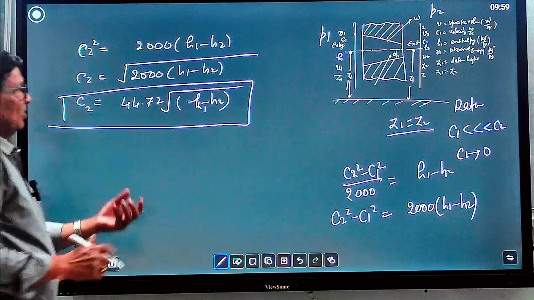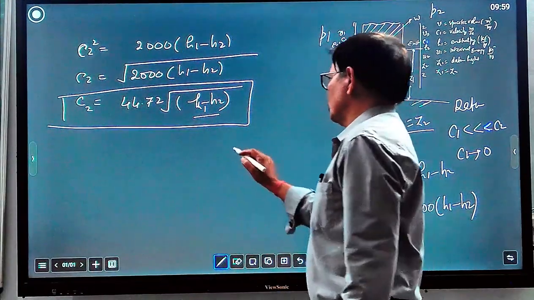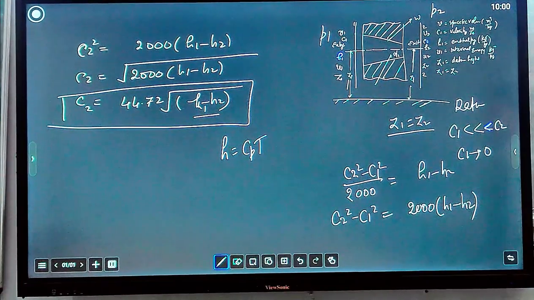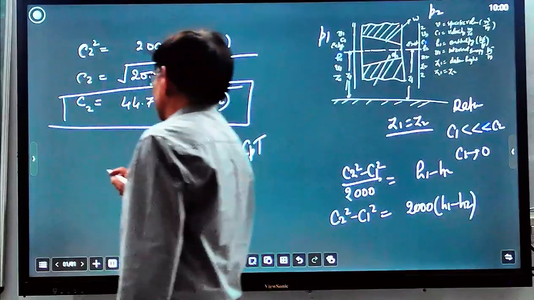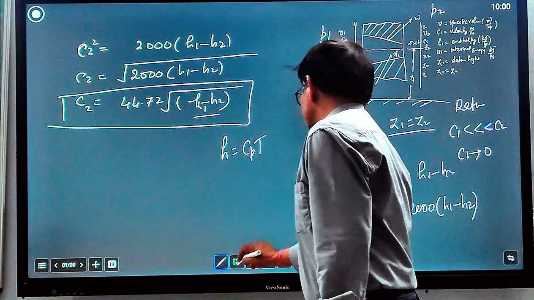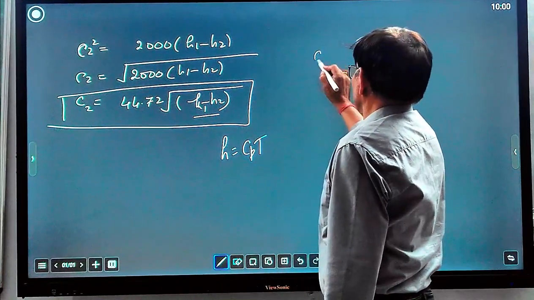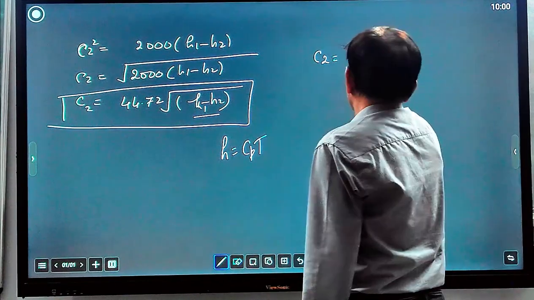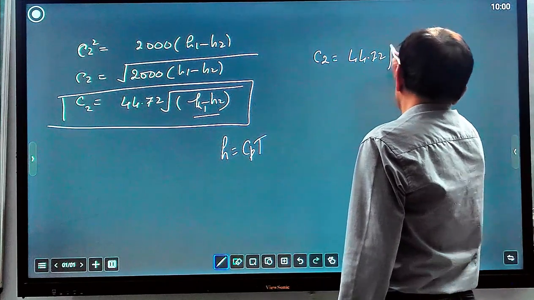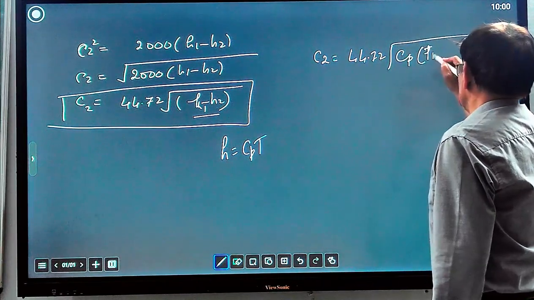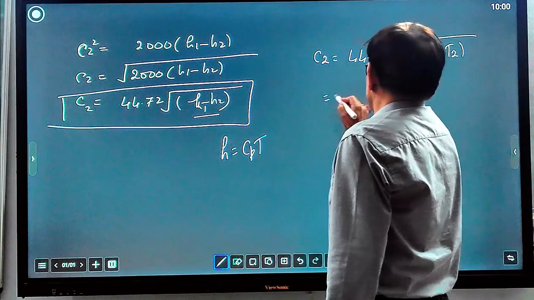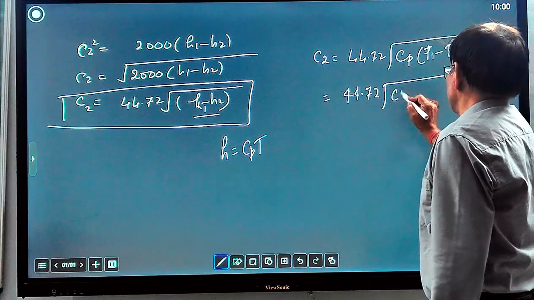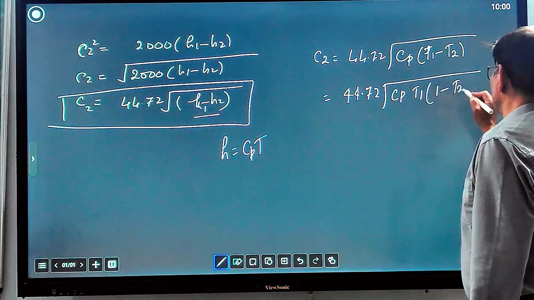For a gas nozzle you have to express H1 and H2 in terms of temperature, because you know H equal to Cp T at constant pressure. Putting the value, C2 for a gas nozzle equal to 44.72 root of Cp into T1 minus T2. You can take T1 common: Cp T1 into 1 minus T2 by T1.